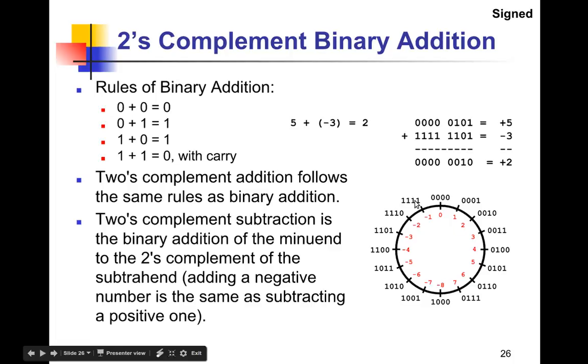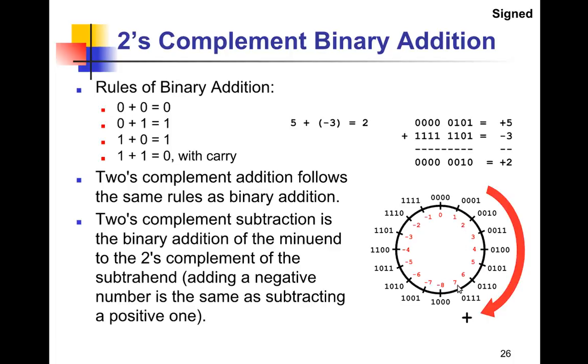But instead what they did was they said, let's make the positive numbers go 0 up through 7, and then we'll make the place where we break right here between 7 and minus 8, and we'll start from minus 8 and we'll make these all negative. Notice that makes the first bit a 1 on all the negative numbers.